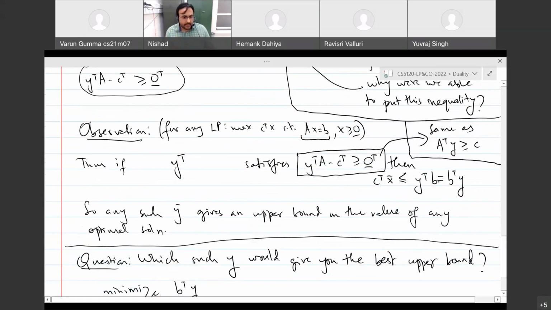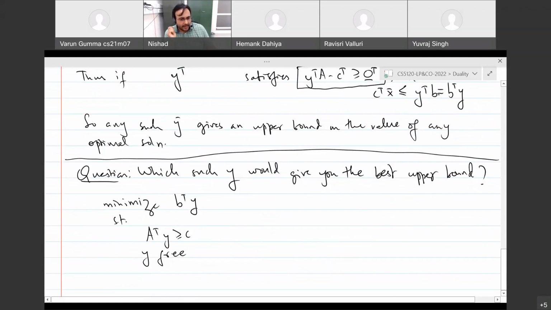So what we are really trying to do is find a vector y that satisfies these constraints. Well, the second one is not really a constraint. I'm just writing it explicitly to make it clear that it's a free variable. And we want to minimize B transpose Y. So this is basically another LP.